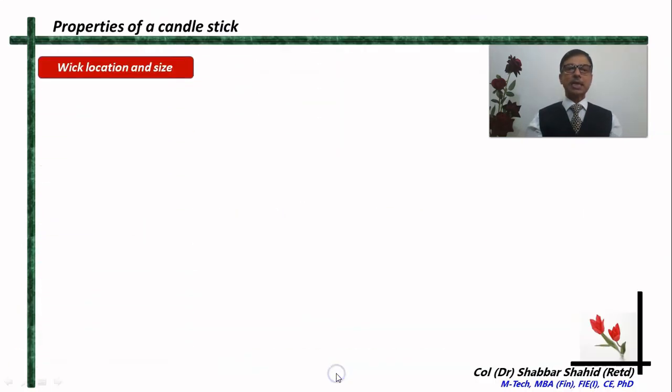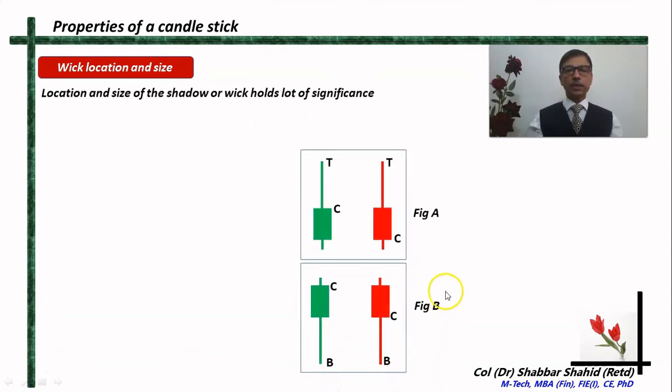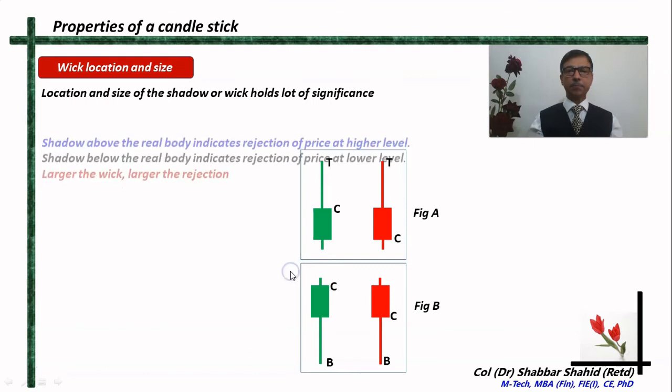Then there is something called the wick location and the wick size. We all know this portion, the thin portion which you see above and below the main body of the candle. That is called the wick or the shadow of the candle, and it conveys a lot of meaning.